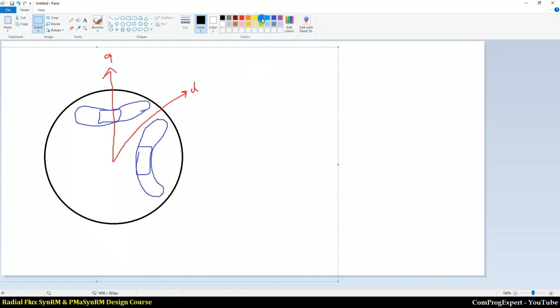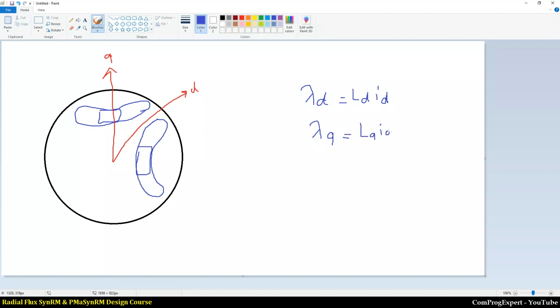So here we have these two equations. Lambda_d is L_D I_D, and lambda_q is equal to L_Q I_Q minus lambda_m. We will derive these equations later, so this is just an introduction.